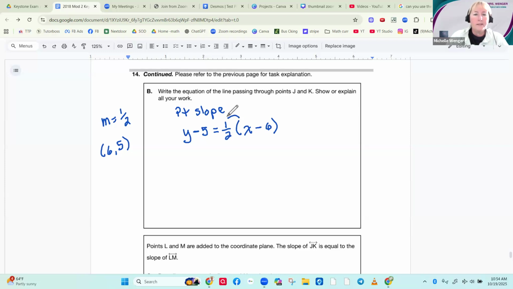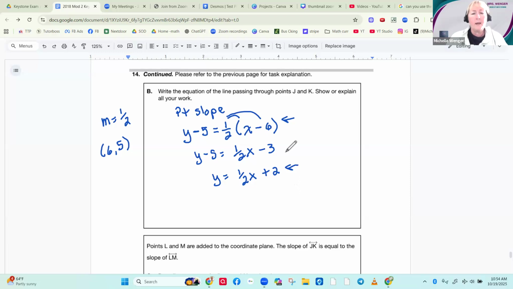I would personally put it in slope-intercept form. So you would use your distributive property and you would get 1/2 x minus 3, and then you would add 5 to both sides. So y equals 1/2 x plus 2. I'm sure they would accept this because it is an equation. They would also accept this.